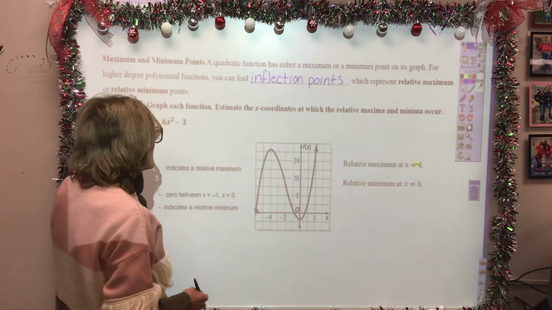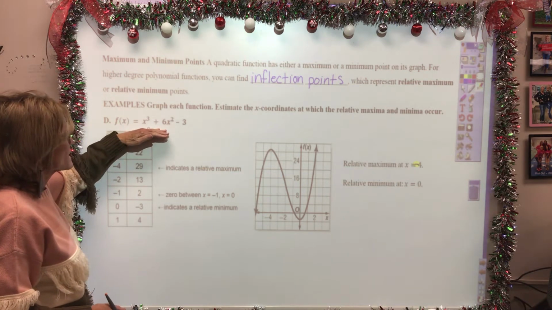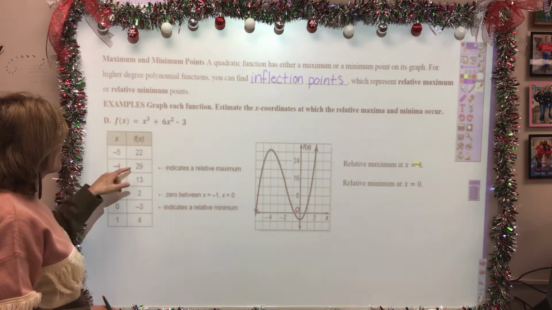In this case, we have this function, x cubed plus 6x squared minus 3. You can plot a table of values.